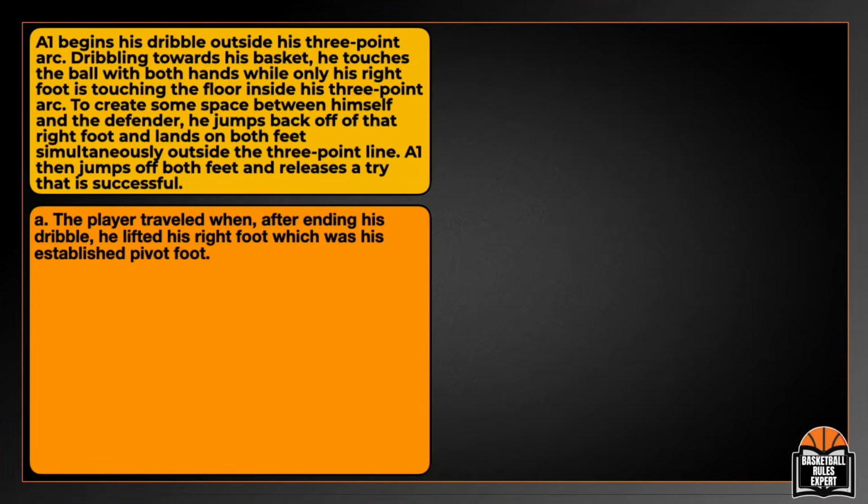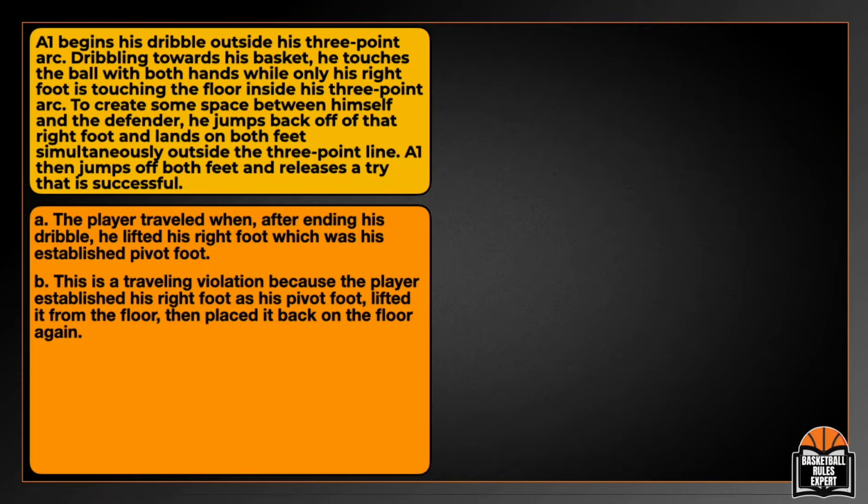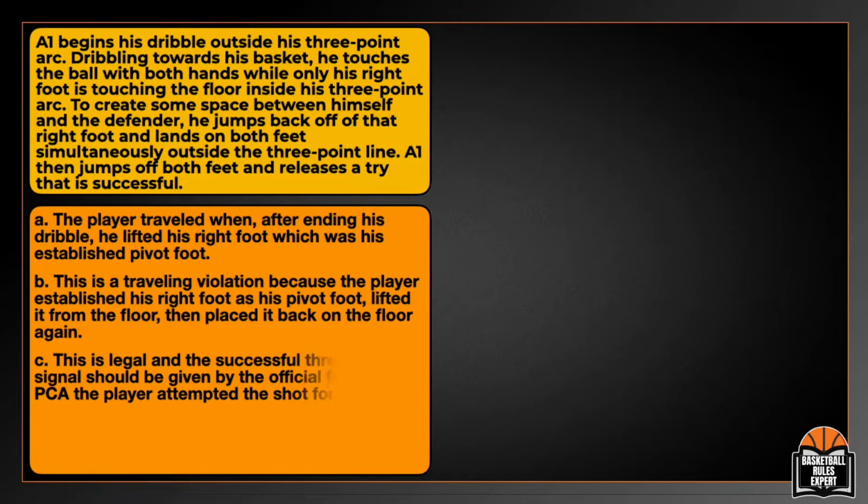A, this player has traveled when after ending his dribble, he lifted his right foot, which was his established pivot foot. B, this is a traveling violation because the player established his right foot as his pivot foot, lifted it from the floor, then placed it back on the floor again. That sounds legit.